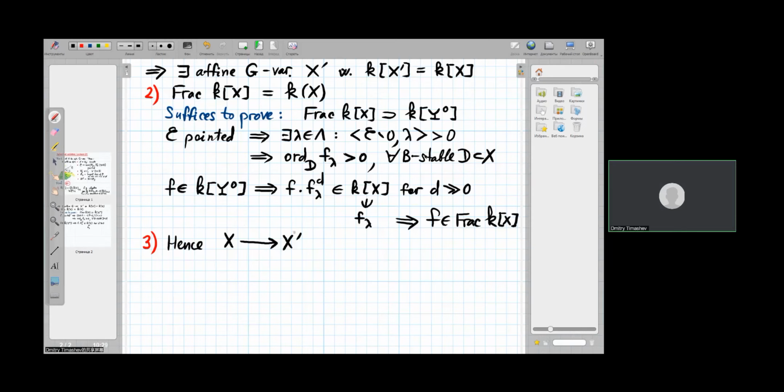And since the fraction field of K of X prime is the field of rational functions on the whole X, the fields of rational functions coincide. They are isomorphic.